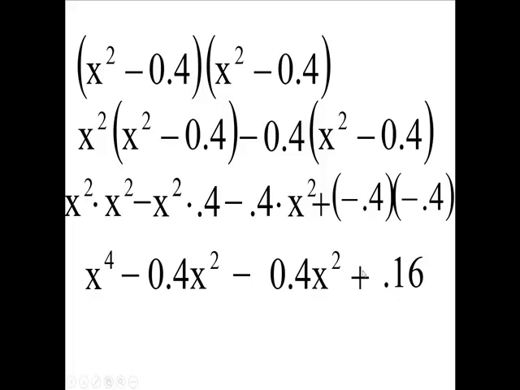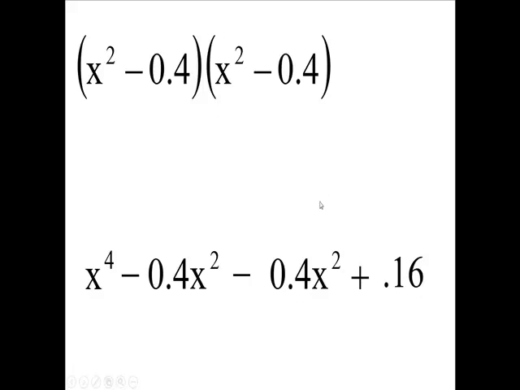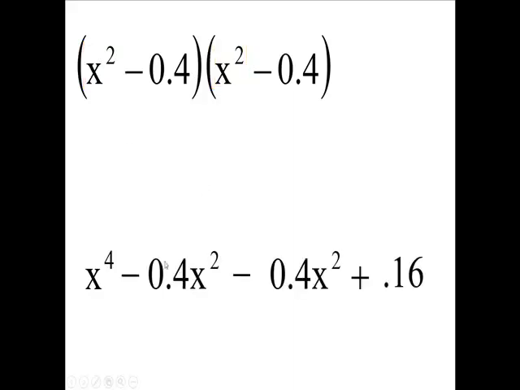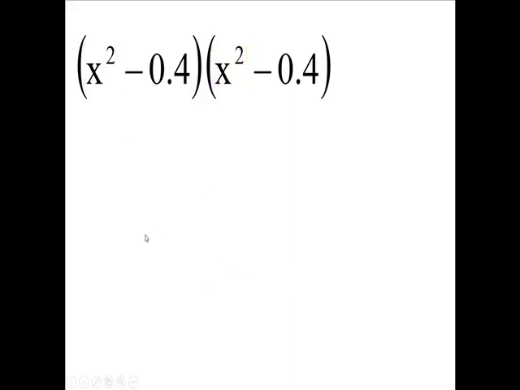Okay? Now this is kind of confusing in here. I took out the 0 and put it back in. Can we just look at this here? This x to the fourth came from my first terms, didn't it? X to the fourth comes from the first terms. Like I said, I have all this written here, but I'm going to erase this for a minute and think x squared times x squared gave me this, okay?